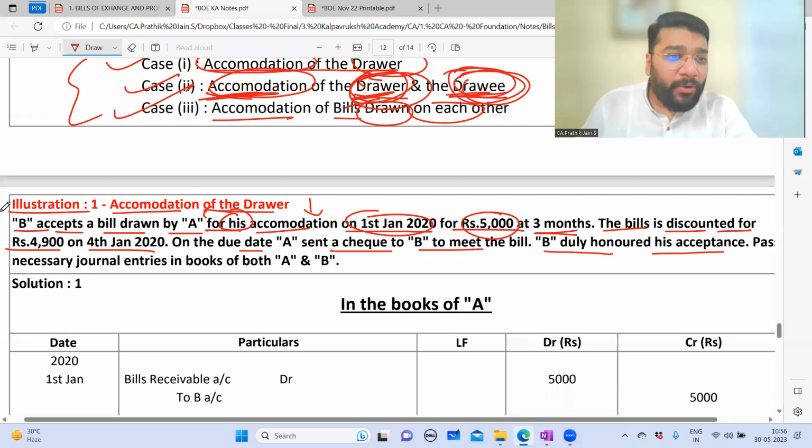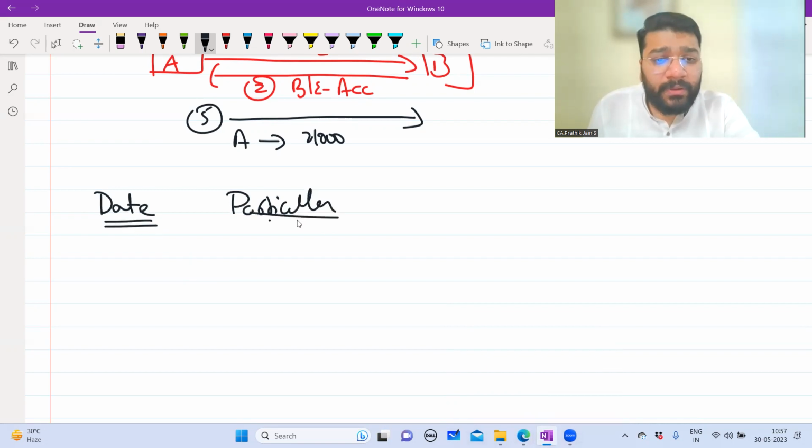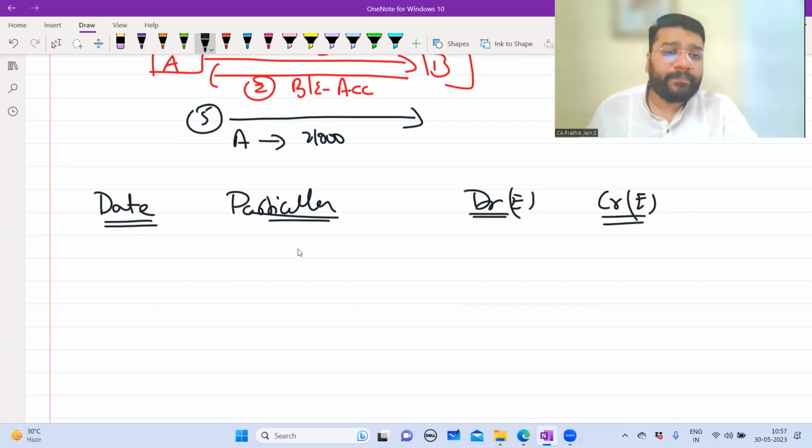Now, guys, B accepts a bill drawn by A for his accommodation on 1st Jan. So can I say 1st Jan is an acceptance date? So on 1st Jan 2020, please write the format: date, particulars, LF, debit rupees, credit rupees.